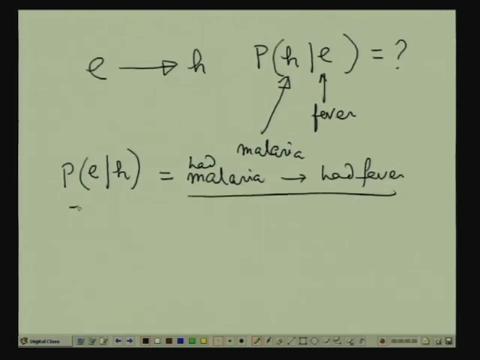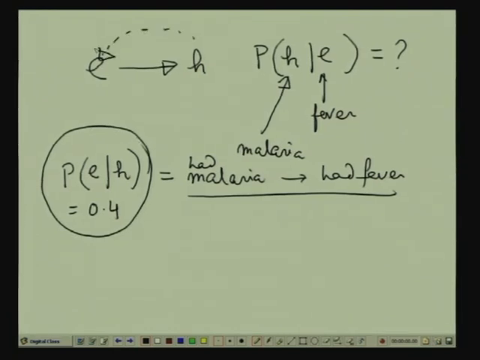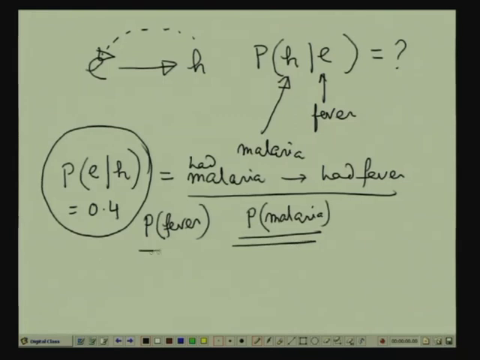I find that this probability is something like 0.4. So, I know this a priori, and I also know the probability of fever in a particular locality. I also know the probability of malaria in a particular locality. These are the a priori probabilities. So, using this one and this one, I am trying to find out this.